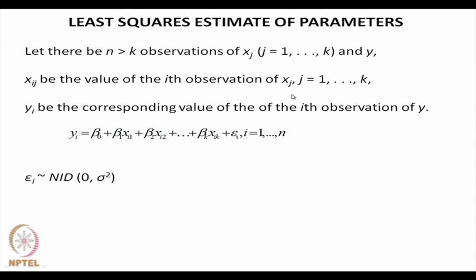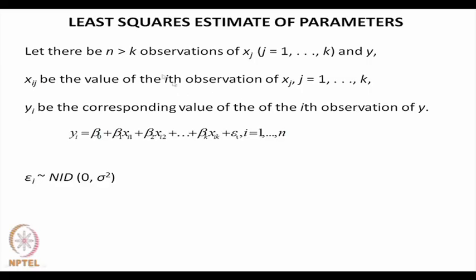Now, what we normally do is to estimate the values of the regression parameters by minimizing the least square errors. Let there be n observations. If k is the number of independent variables, then n should be higher than the number of variables x j and y.